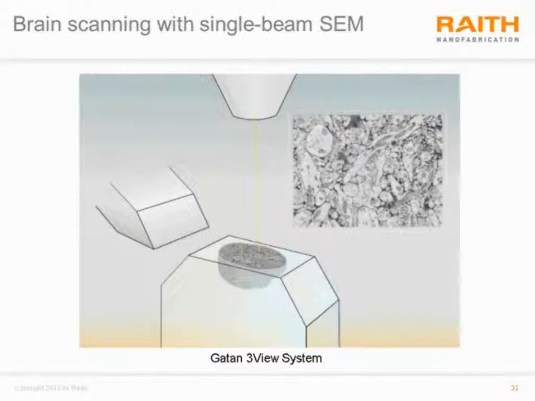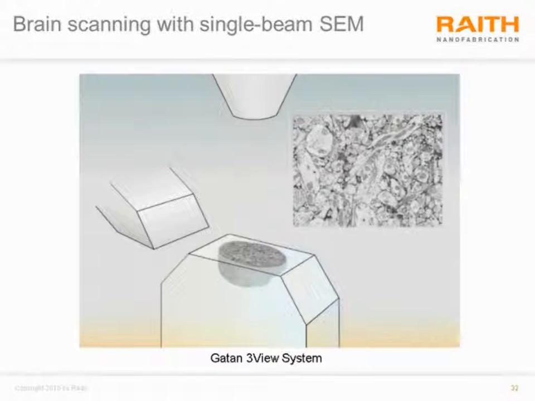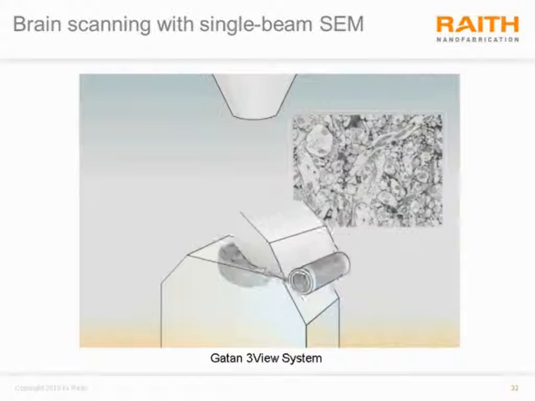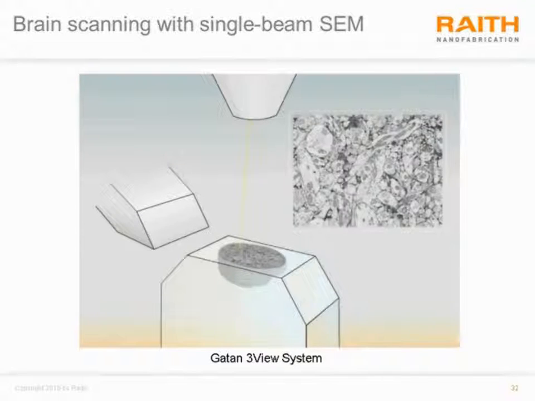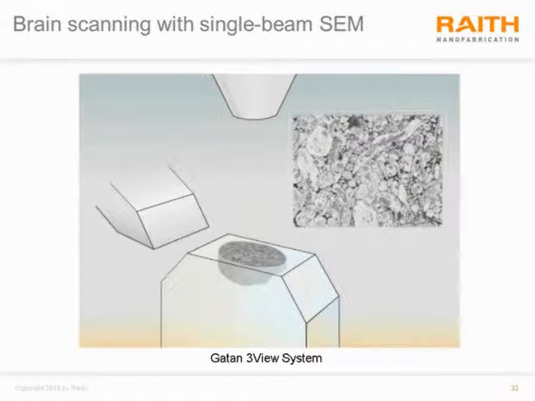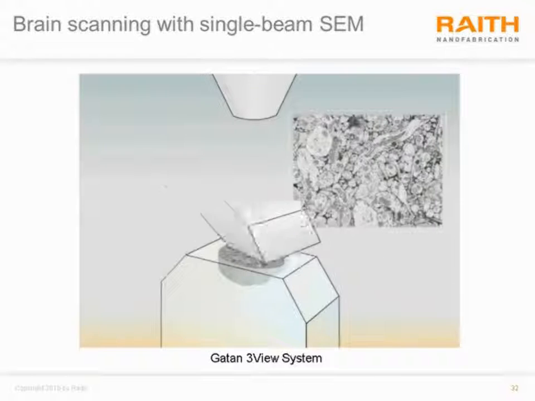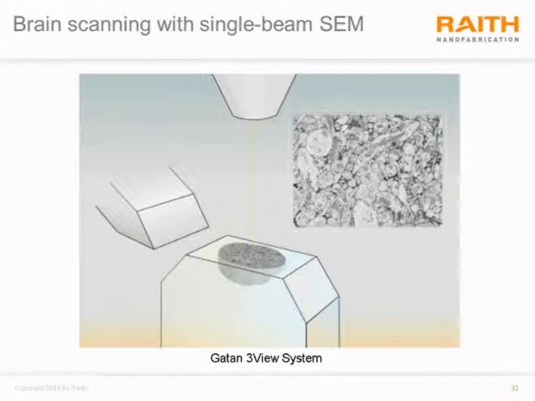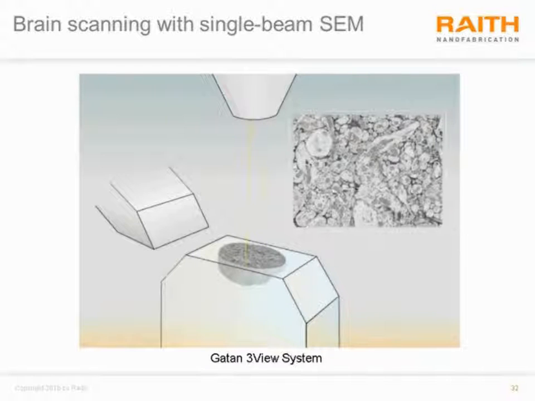And between each slice, a new scanning electron microscope image is captured. And the idea is to stitch these over volumes of about 1 millimeter or even up to 10 millimeters, which is what neuroscientists desire for capturing the essential structure of neural circuits.